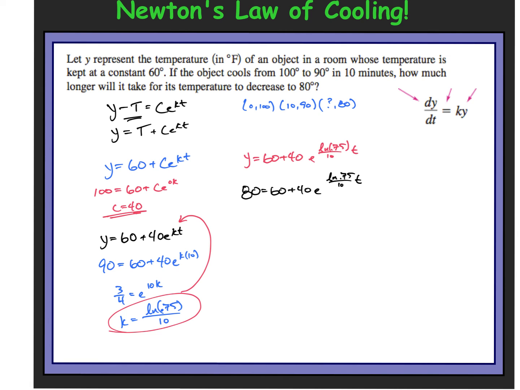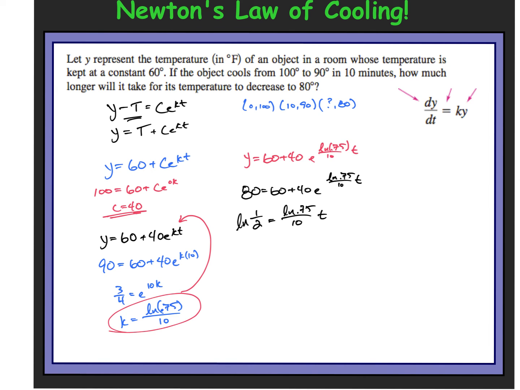So what's our first step? Subtract 60. Then what? Divide by 40. So that gives me what? 1/2. All right. Then what do we do to it? We natural log it. Can we do all those steps at once? Okay. So then we have natural log of 0.5 equals ln 0.75 over 10 times t. So then what should we do? Divide by that or multiply by its reciprocal.